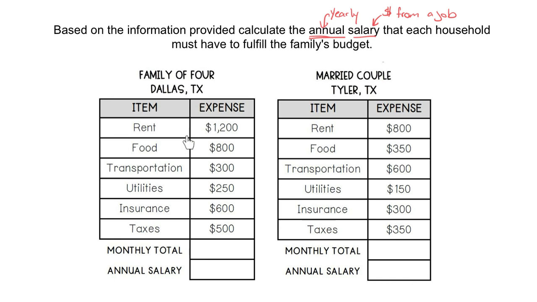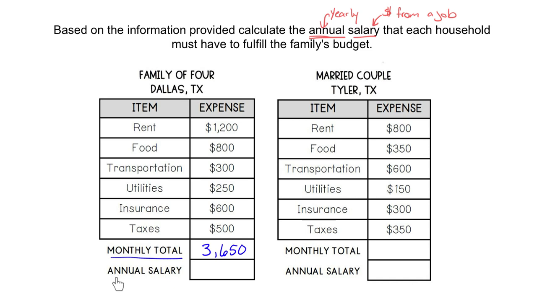So the first thing is I need to take all these monthly expenses and add them up to get the monthly total here. And when I add them all up, I get $3,650. So that is the monthly total.